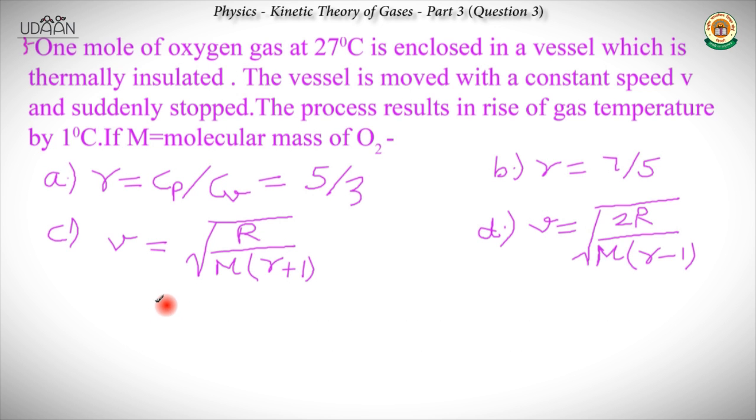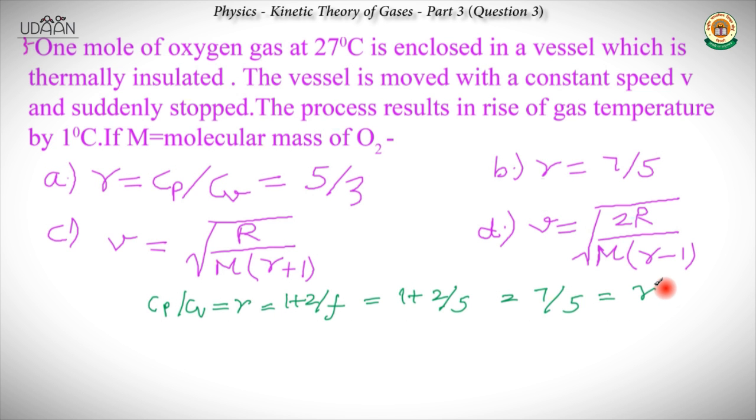And we have the formula Cp by Cv equals gamma as 1 plus 2 by F. Substituting, 1 plus 2 by 5, we get 7 by 5. This is equal to gamma.